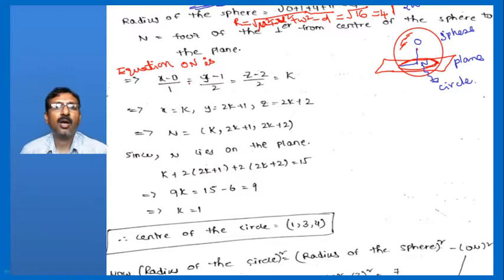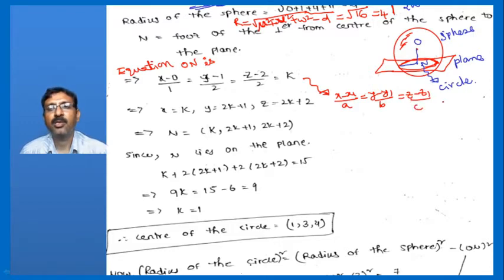I have written the equation of the line in symmetric form. What is the formula? (x minus x1) by a, or l, (y minus y1) by b, you can write m also, (z minus z1) by c, equal to some k.